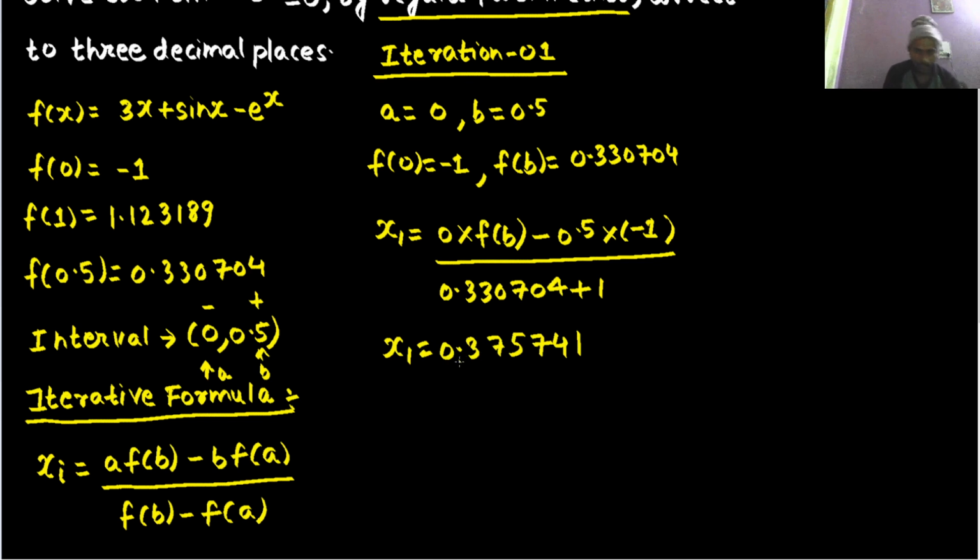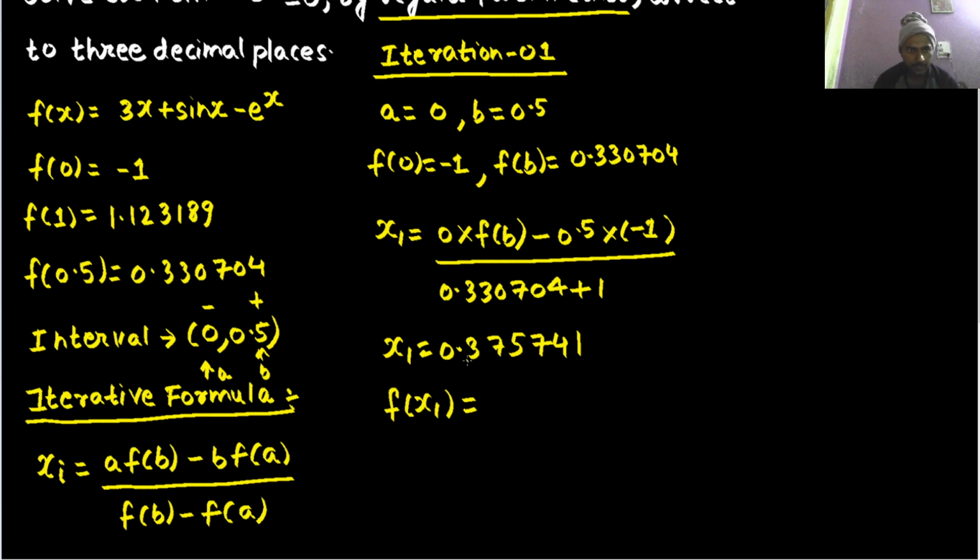Now you have to check the value of the function at x1. The function is this, so 3 times 0.375741 plus sin of, you can make functions if you want, that will make your task easier, otherwise it is a bit slower.